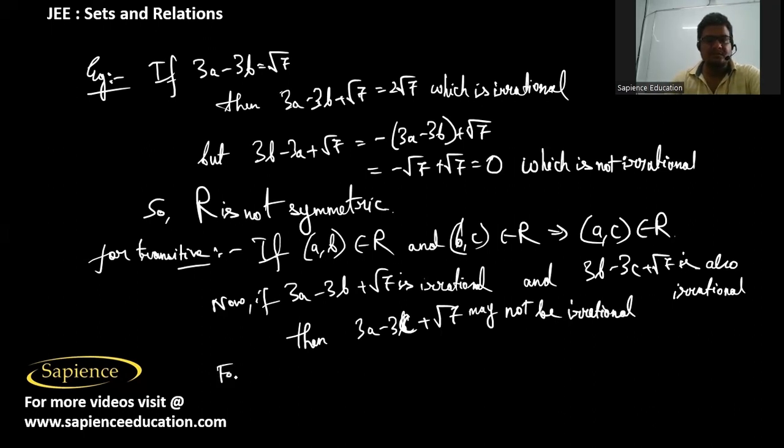Since why? For example, suppose we take a as 0, b as minus root 7, and c as root 7 by 3.